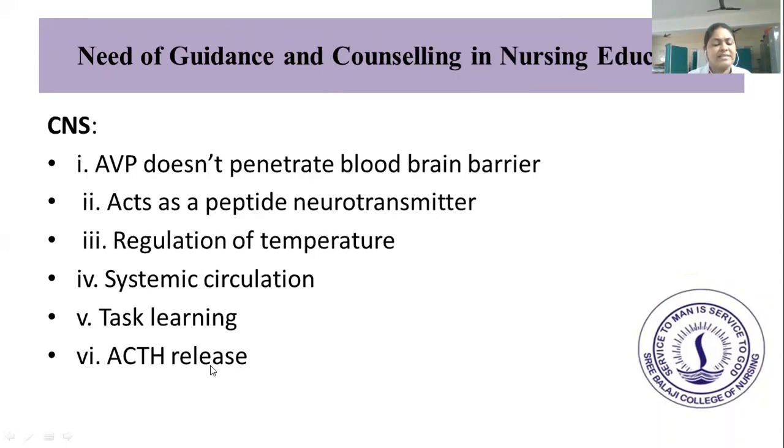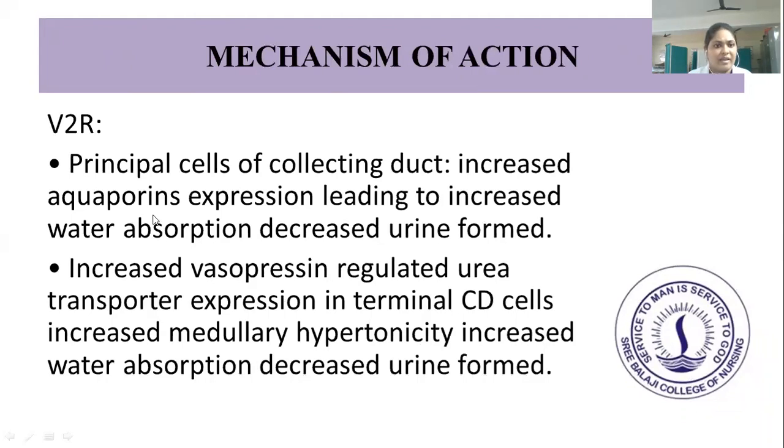It increases the sensitivity of oxytocin. AVP doesn't penetrate the blood-brain barrier, and acts as a peptide neurotransmitter. It regulates temperature, systemic circulation, and task learning, and these are all the receptors.